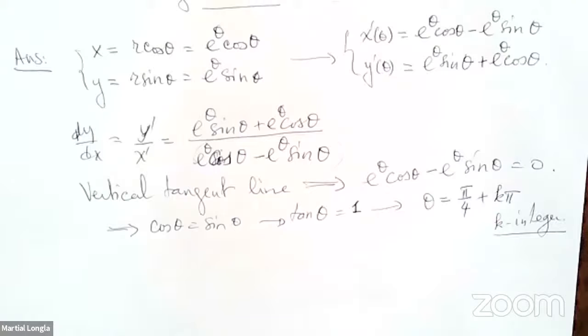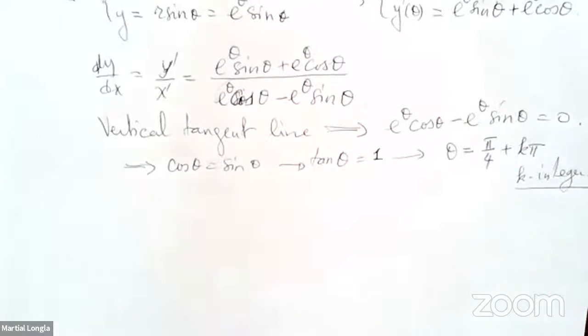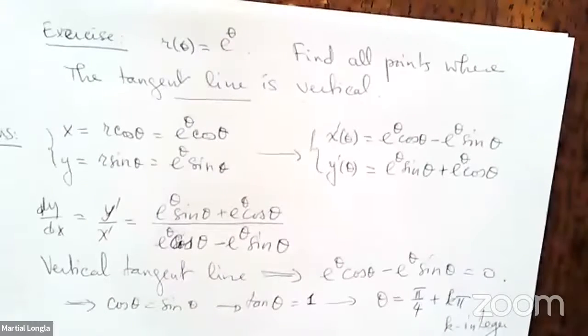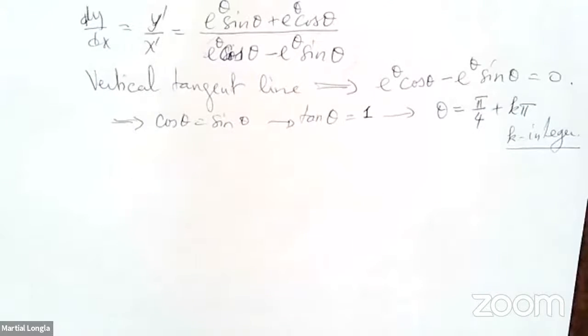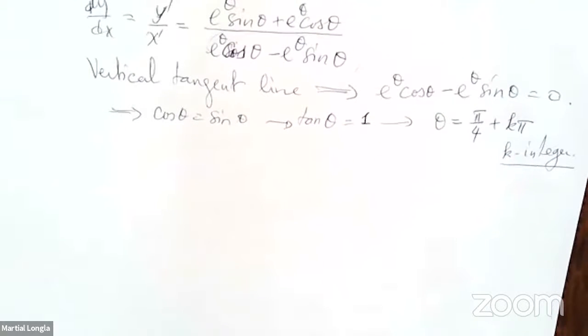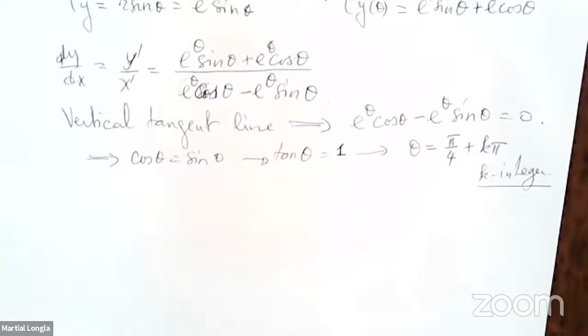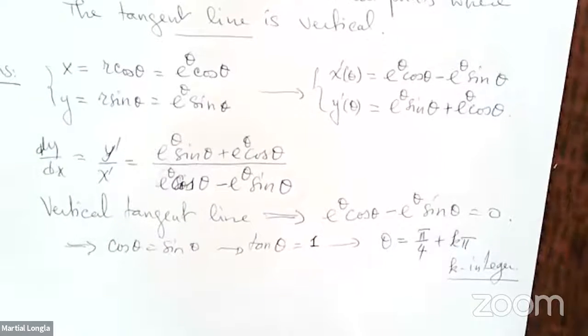If you actually want to find the points themselves, because what we found here is just the theta, and it says find all points, then you have to plug in theta to find x and y, or find all the polar coordinates, which means plug in theta to find r.